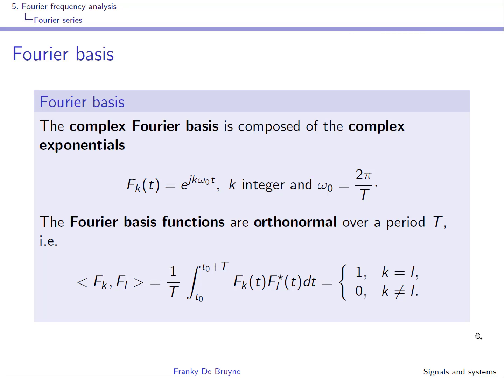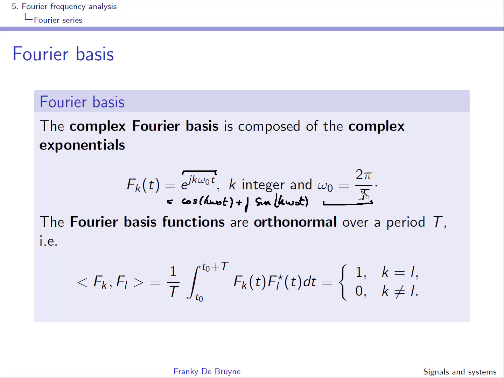So let us come back to this complex Fourier basis that we had written like this. Remember that it's cosine k omega 0 t plus j sine k omega 0 t, but we prefer to write it in this compact way. Omega 0 is the fundamental frequency.